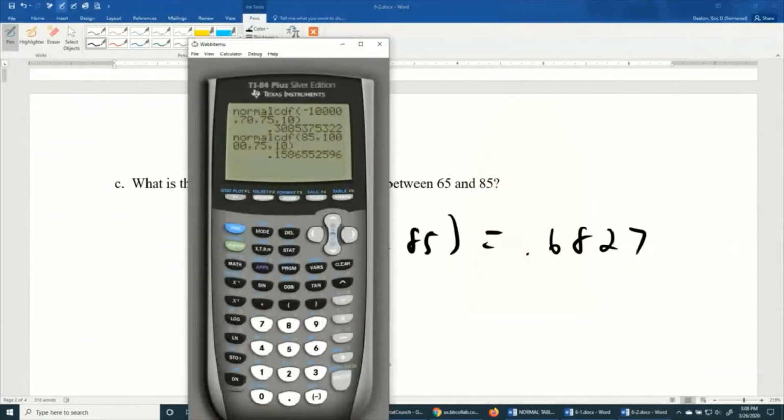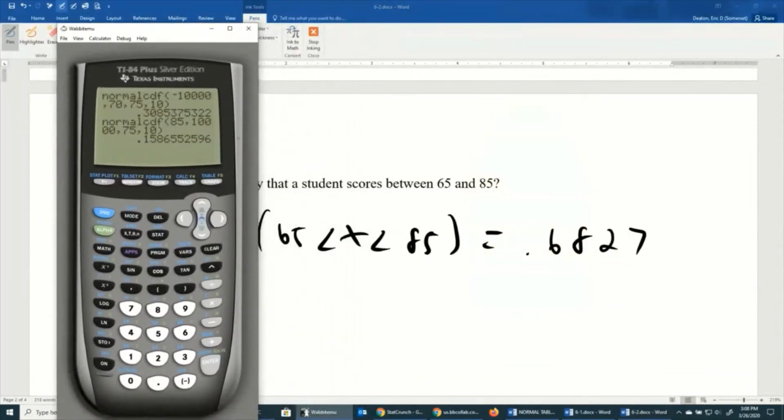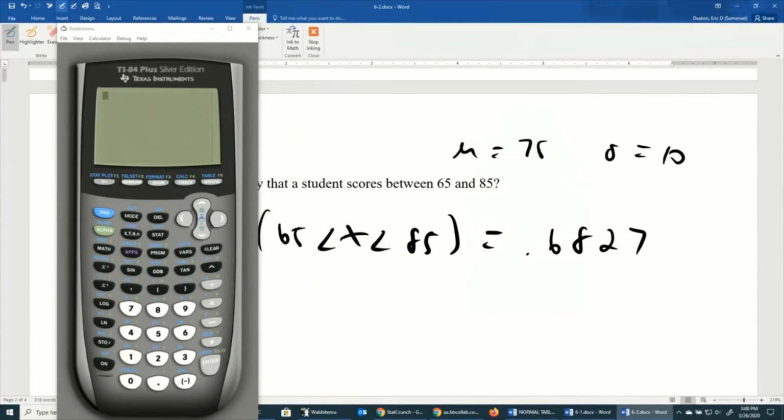Let's check out the graphing calculator. Remember the mean is 75, standard deviation is 10. Second vars, 3. So we have left bound 65, right bound 85, mean 75, standard deviation 10.